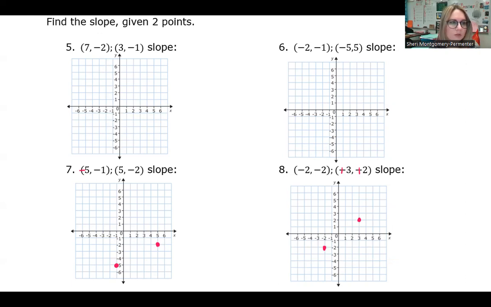Oh. Who can find my mistake? So these are both going to create lines.